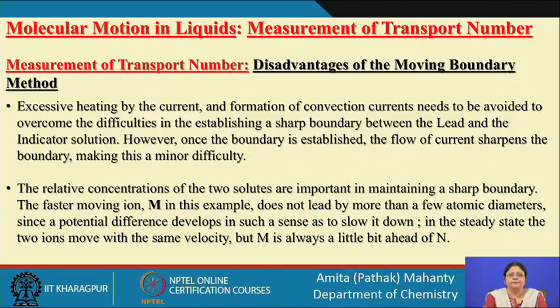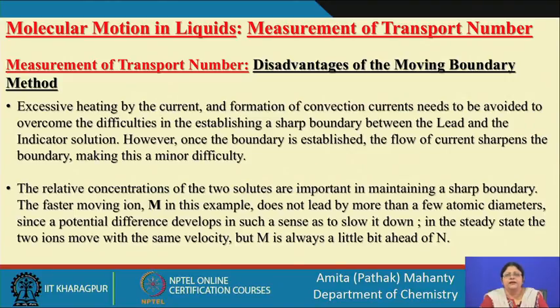Another point which needs to be taken into account in the moving boundary method is that the relative concentration of the two electrolytes needs to be maintained, which is required for a sharp boundary. A fast moving ion, for example M in the discussion we had, does not lead by more than a few atomic diameters, since the potential difference that develops tends to slow it down.